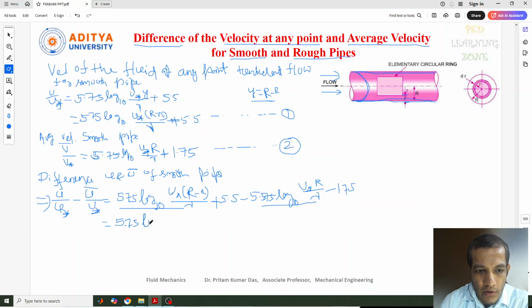So 5.75 log 10 we can take common. Log a minus log b, so we can write log a by b.